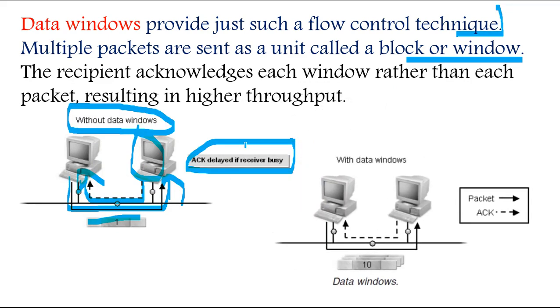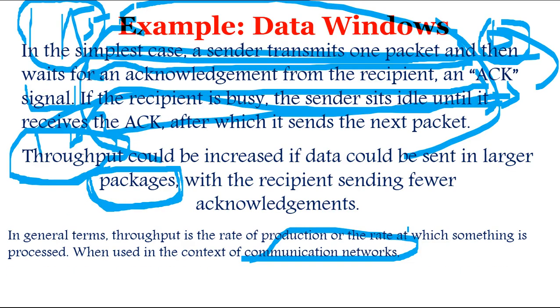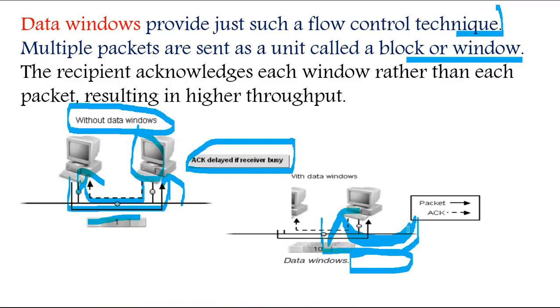Packet 1 came to this machine, and it is sending you acknowledgement immediately. So this will be very fast, it will give you very fast throughput. And the data exchange will happen smoothly, very fast.